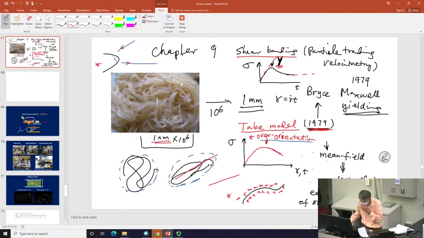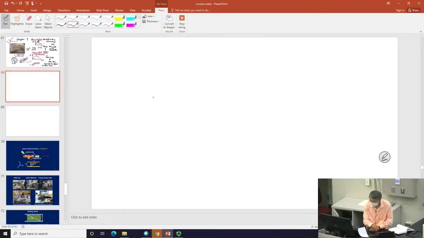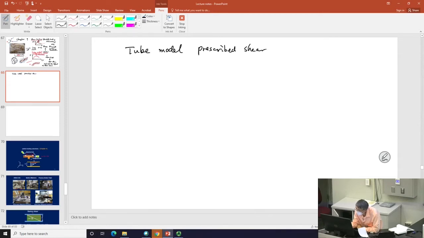So let's talk about why the initial tube model sort of prescribed shear banding, or sort of suggested there could be shear banding. I resumed it.